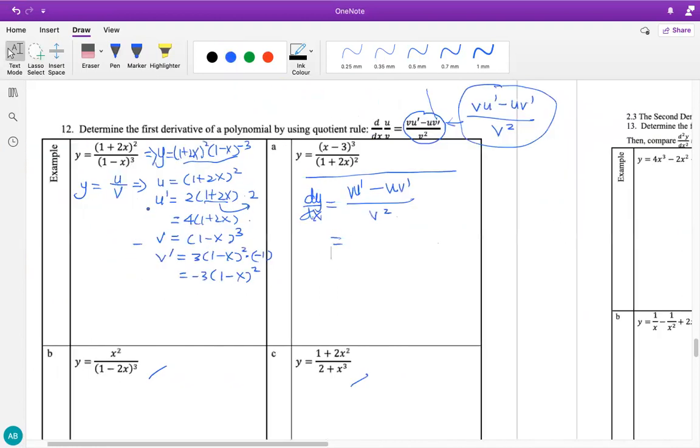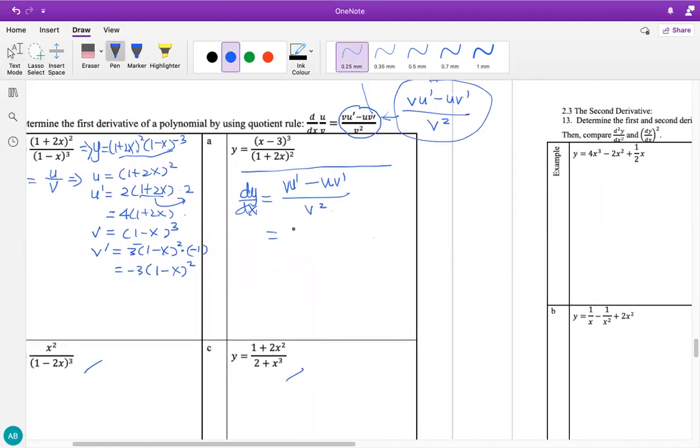So you just substitute: v is (1 minus x) cubed, and then u prime is 4 times (1 plus 2x), then minus (1 plus 2x) squared times v prime. v prime is negative 3 times (1 minus x) squared, over ((1 minus x) cubed) squared. Okay.